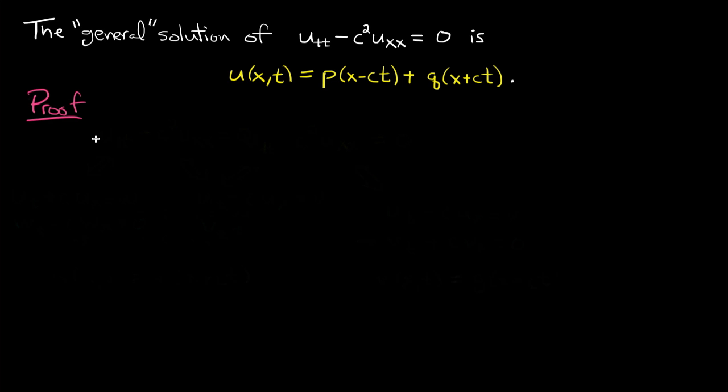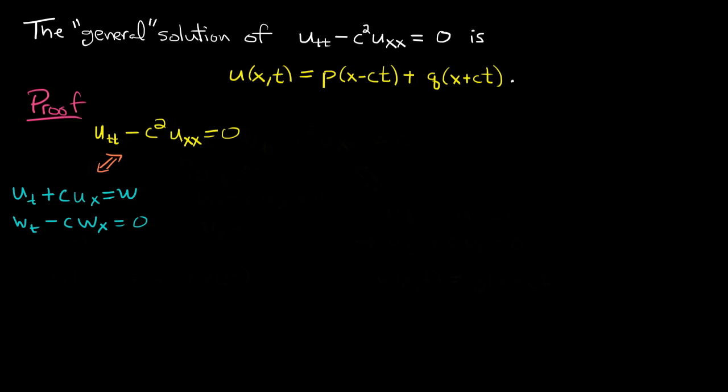Remember in the last slide that we discovered the wave equation is equivalent separately to two sets of transport equations. The first one being ut plus cux equals w, and then wt minus cwx is 0. And the second one, being a little switch of signs, ut minus cux equals v, and then vt plus cvx is 0.